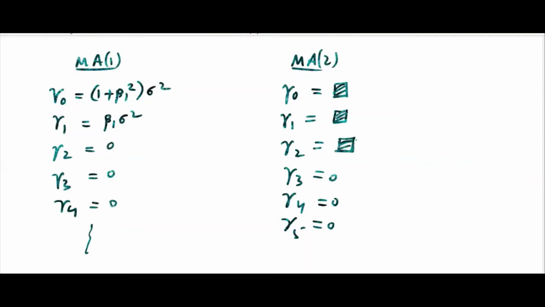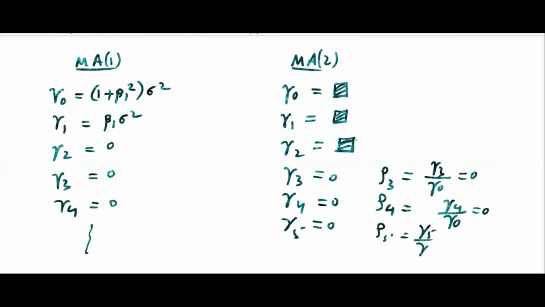After 2, all covariances will be 0, and in that case, if you find rho 3, that will be gamma 3 divided by gamma naught, that will be 0. Rho 4 will be gamma 4 by gamma naught, that is 0. Rho 5 will be gamma 5 divided by gamma naught, 0. So in MA2 process, remember, the autocorrelations after the second lag, all will be 0.